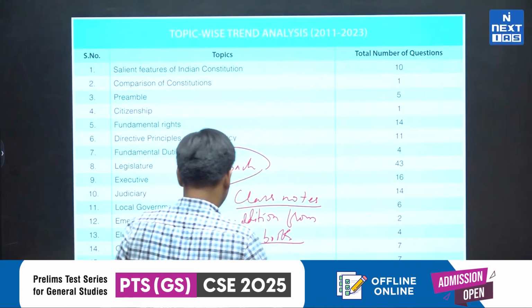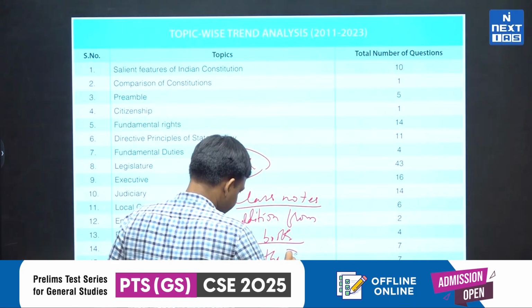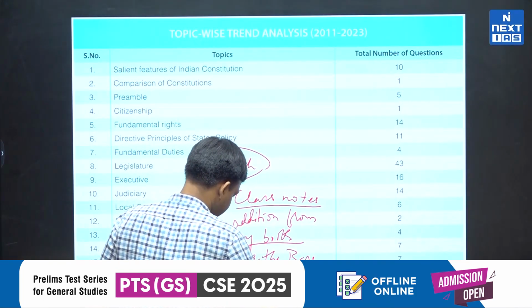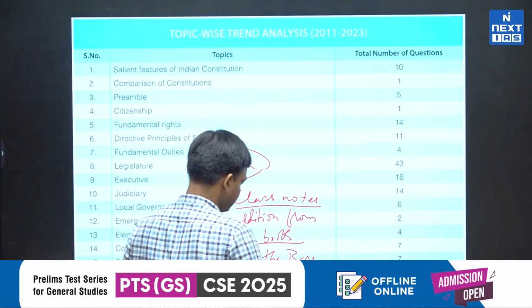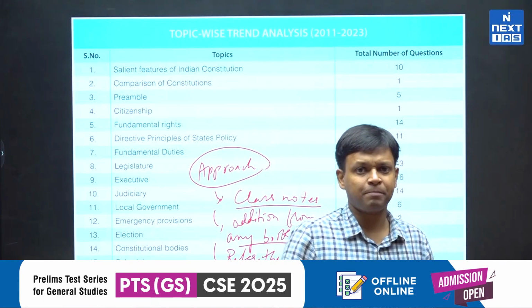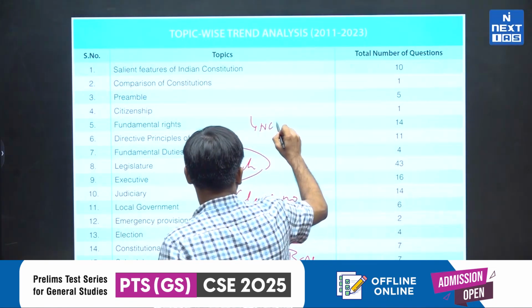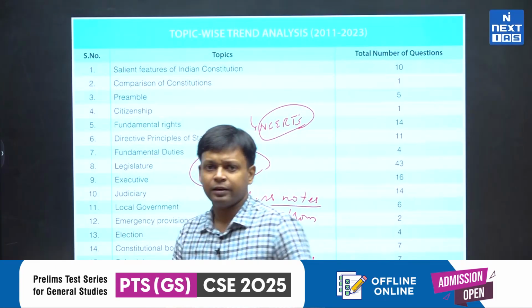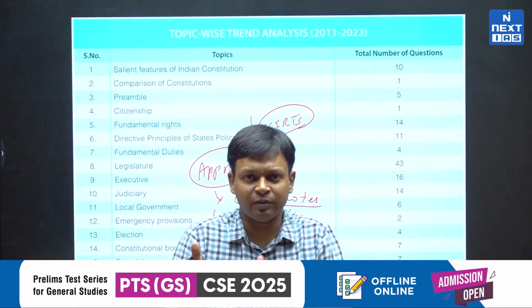Okay? And then of course, refer the Bare Act along with the topics. Okay? And your NCERTs. If you are new to the subject, you are finding difficulty in getting a hang of things when we talk of polity.